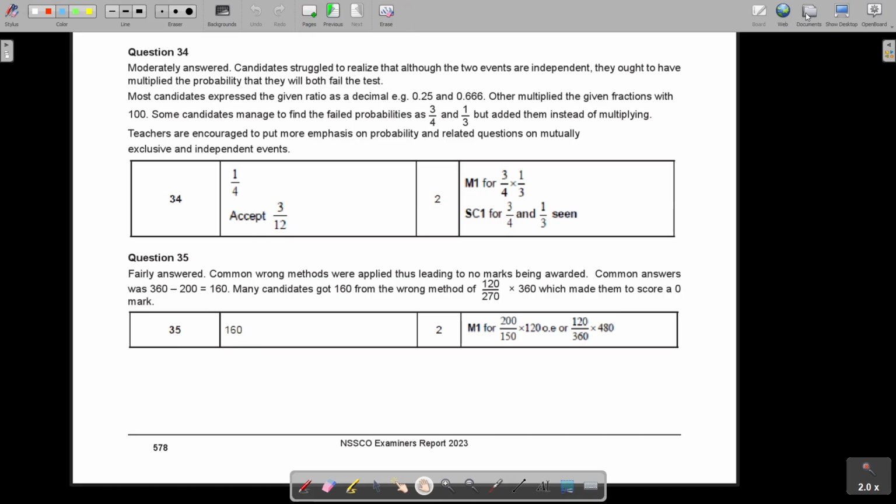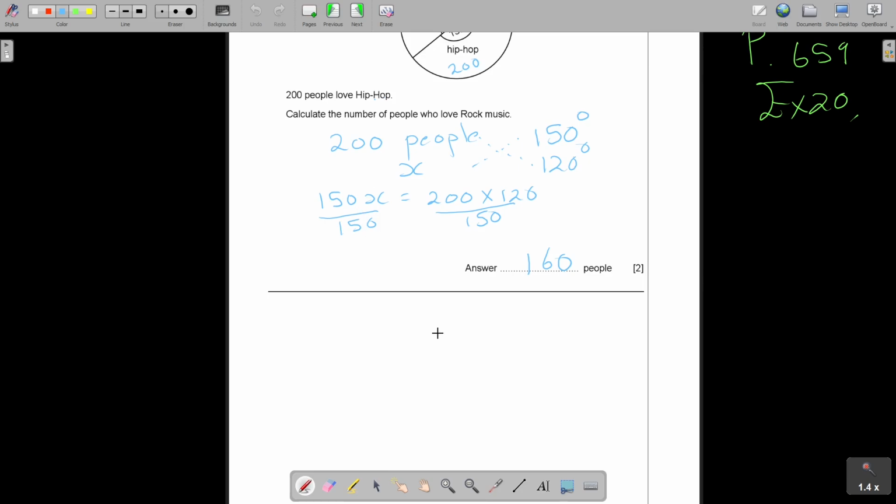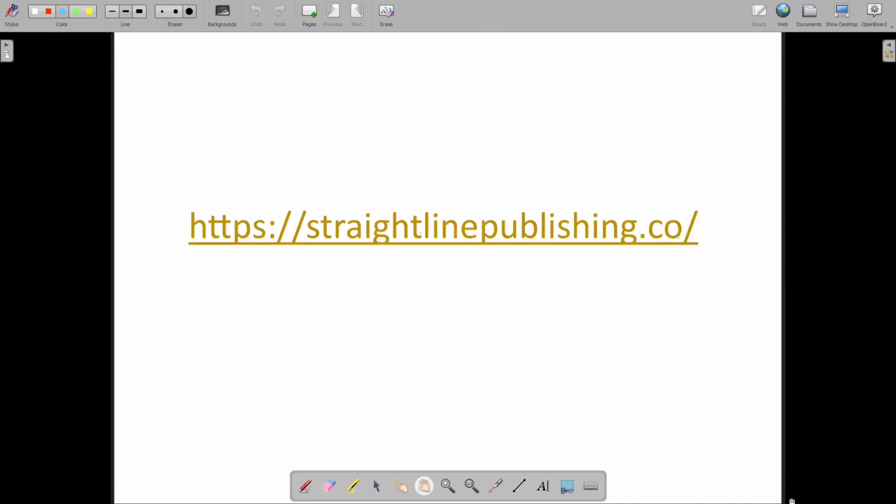And if you did that in between, I maybe can just go back and just show you where the marks are. So if they saw this calculation, and then for the final one. Okay, we will continue in the next video with paper 2 of ordinary level 2023.